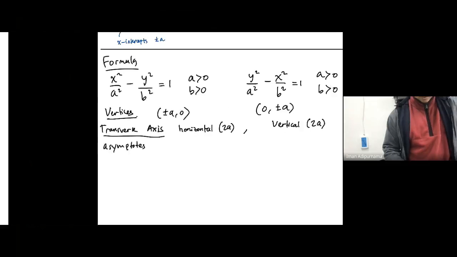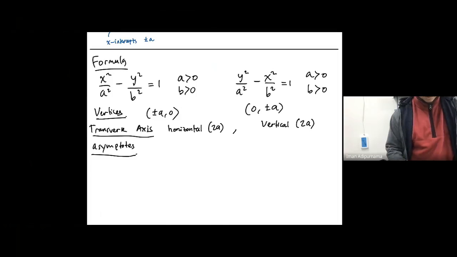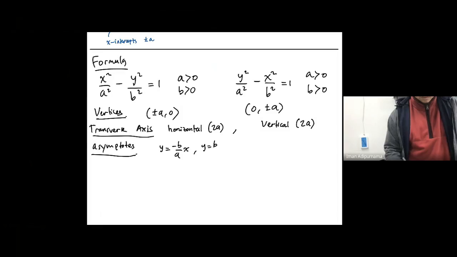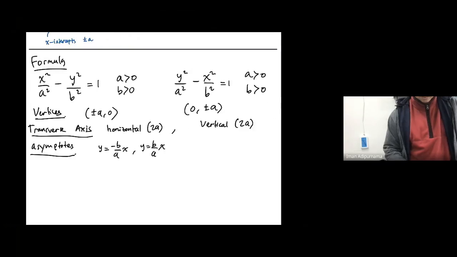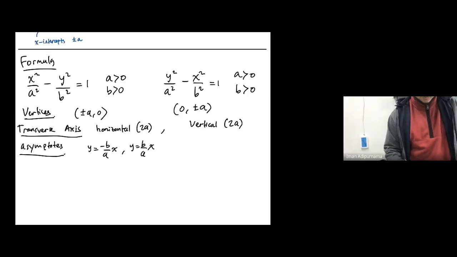The asymptotes, the left one, you have two asymptotes, and for the other one, let me just write plus minus a over b x.